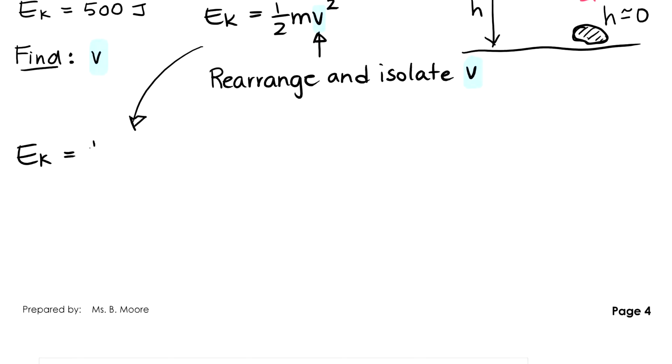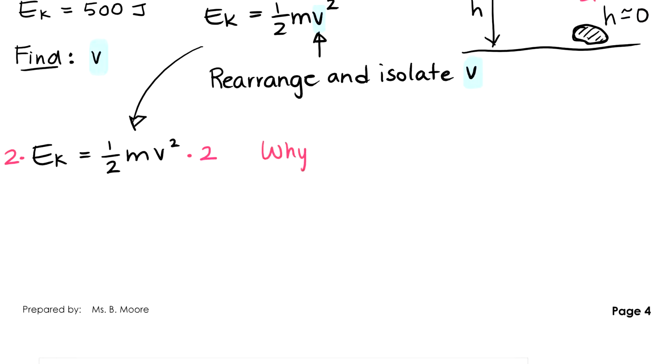EK equals 1/2 times mass times speed squared. We're going to systematically undo all the operations that prevent v from being by itself, starting with the 1/2, which we can undo by multiplying each side of the equation by 2.